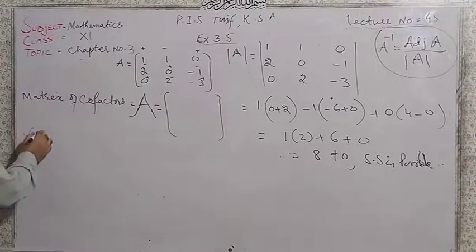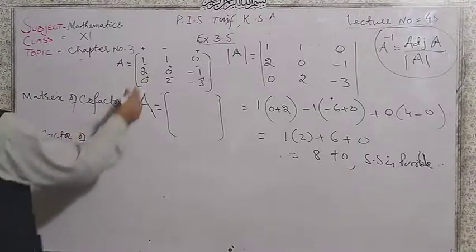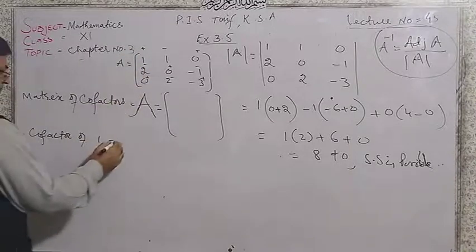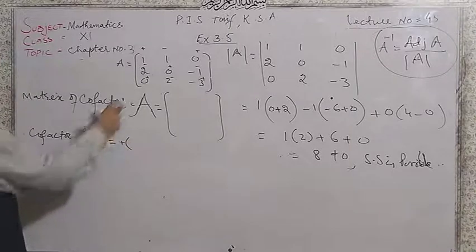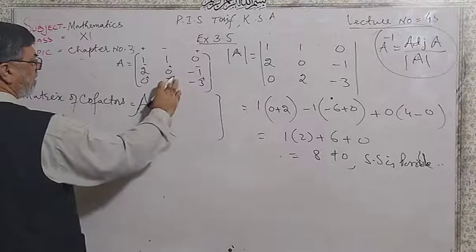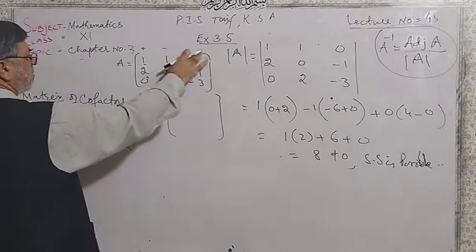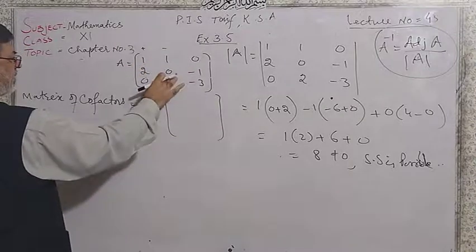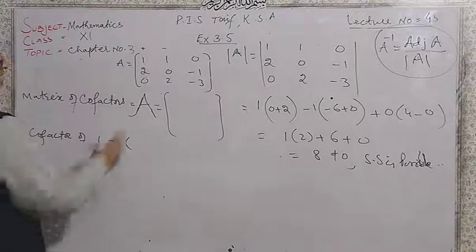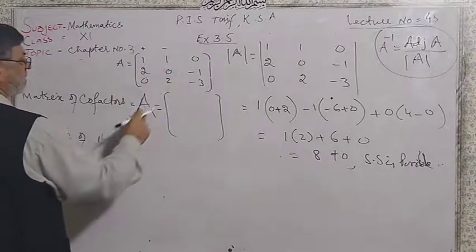So cofactor of 1. What is the cofactor of 1? This is 1. Cofactor of 1, outside this is a positive sign, AD minus BC. Remove this row and column, that is known as the minor of the matrix.